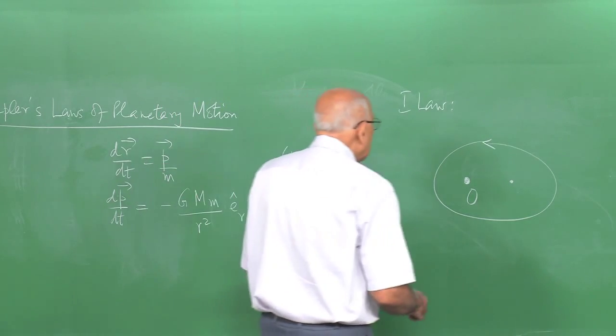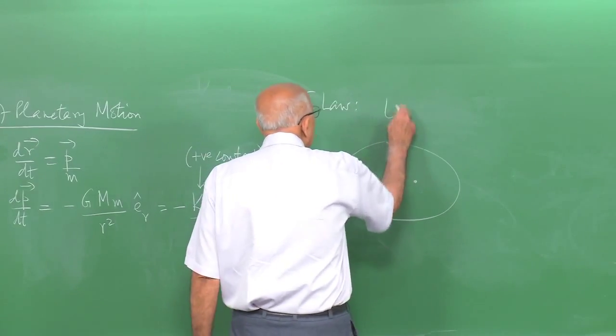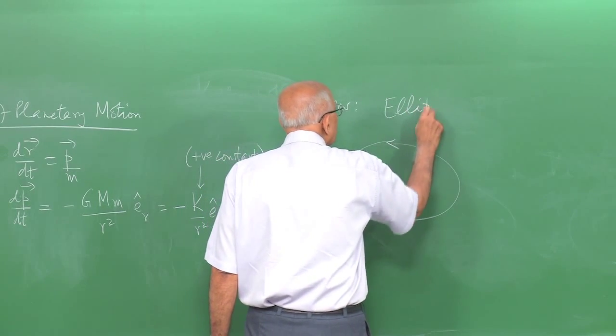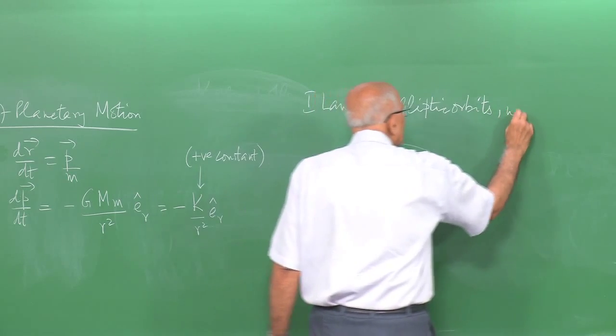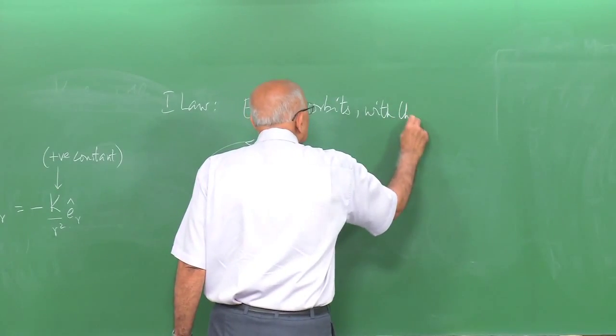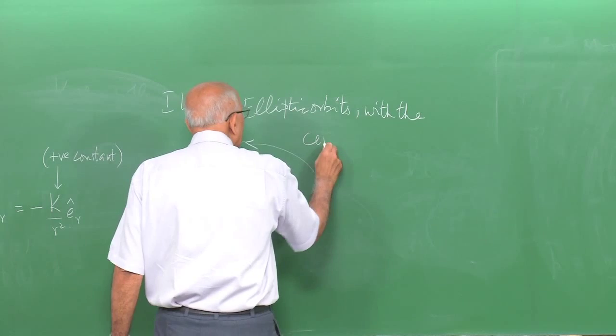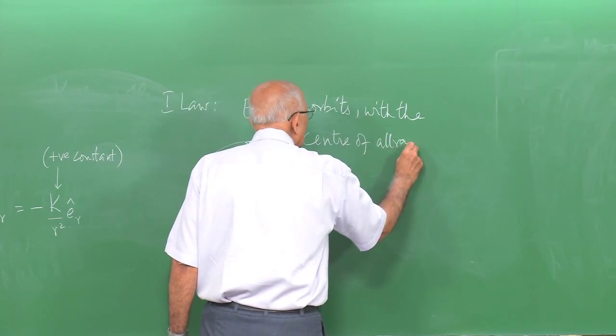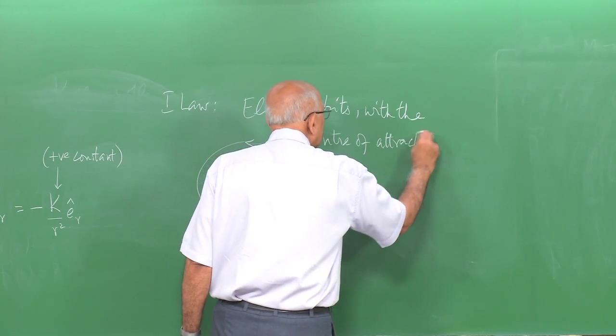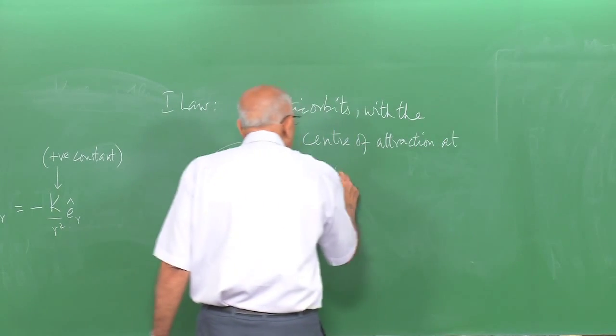So, in exactly the same way, you have ellipses, elliptic orbits with the sun, or rather the center of attraction or origin of coordinates in this case, at one of the foci.